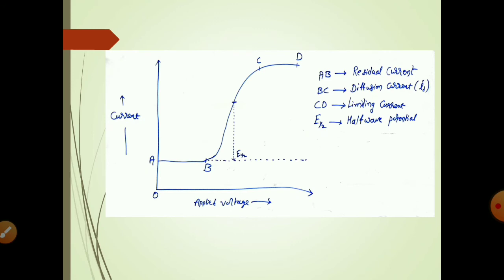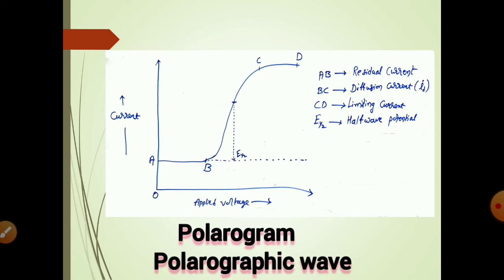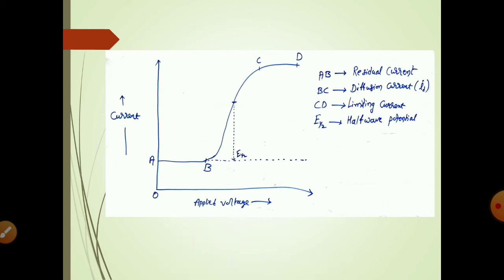As the applied potential is increased gradually, the current is recorded and a graph is obtained called a polarogram or polarographic wave, as shown in the figure here. You can see in the polarogram three different portions, that is AB, BC and CD. Let's see these portions one by one. First one is portion AB.